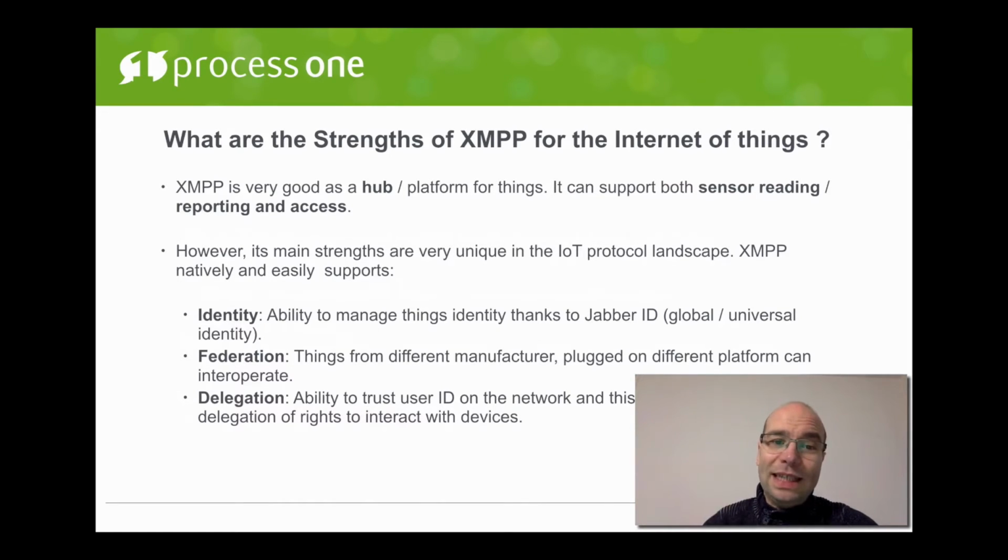So basically, with that identity, you can build a global, universal things network. The federation is also very important because you can have different manufacturers deploying their own platform for their own things, but still open to federation so that they can cooperate with other platforms.